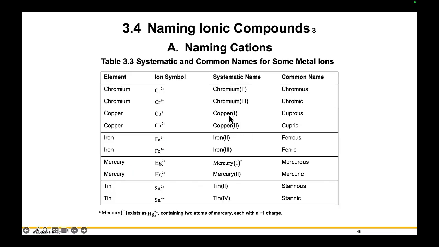So here you can see some of those common metal ions that form. Again, iron 2 is ferrous and iron 3 is ferric. You can see copper 1 is cuprous and copper 2 is cupric. Again, you can see how these common names and the element symbols match up better than the English name.